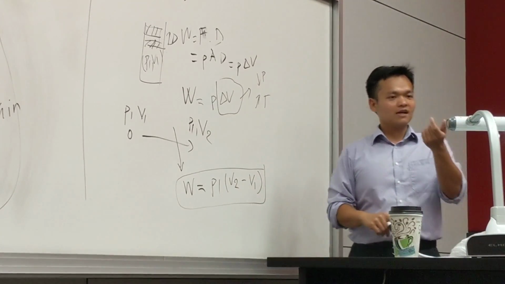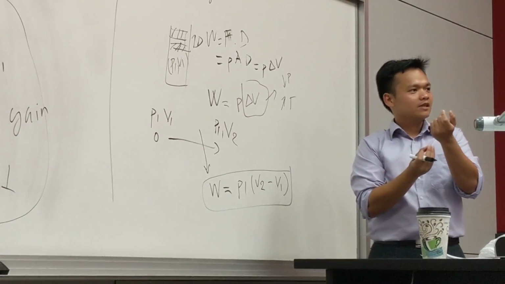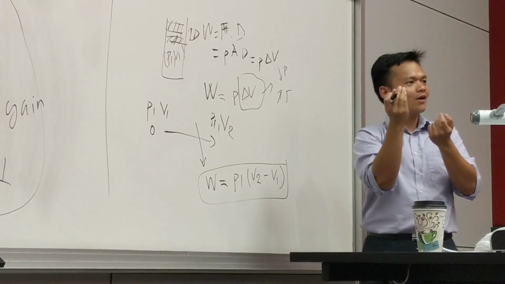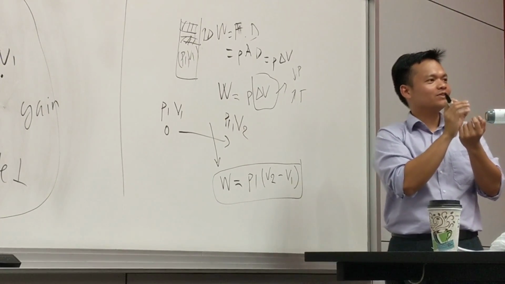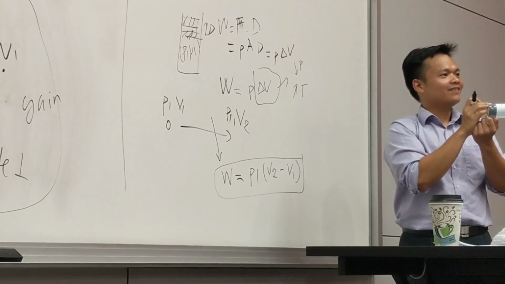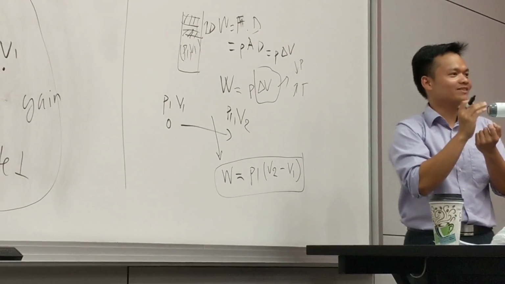Imagine you have a piston, you put a load on it, and you heat it up, and it lifts the load. And that's that. Now if I remove the load and want to use exactly the same engine again to lift a second load, what should I do? I have to reset the system back to its original state before I can lift things up.